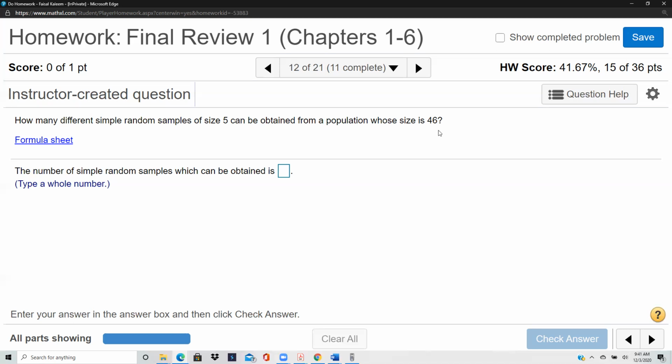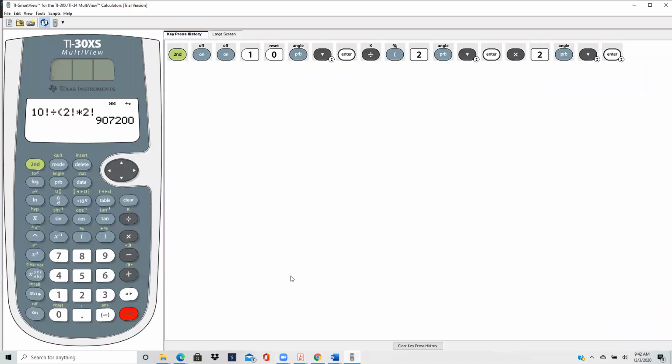So basically we have to do 46 combination 5. How do we do it on the calculator? We would just type in 46, press the PRB button, select combination, and then put the 5. The answer is 1370754.